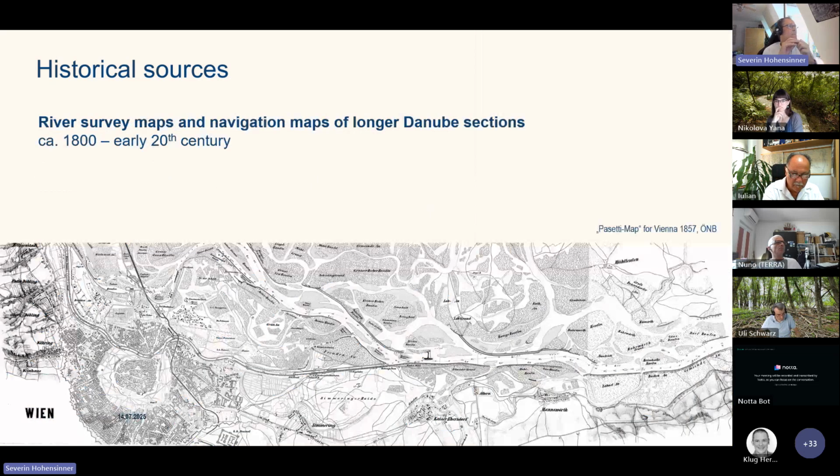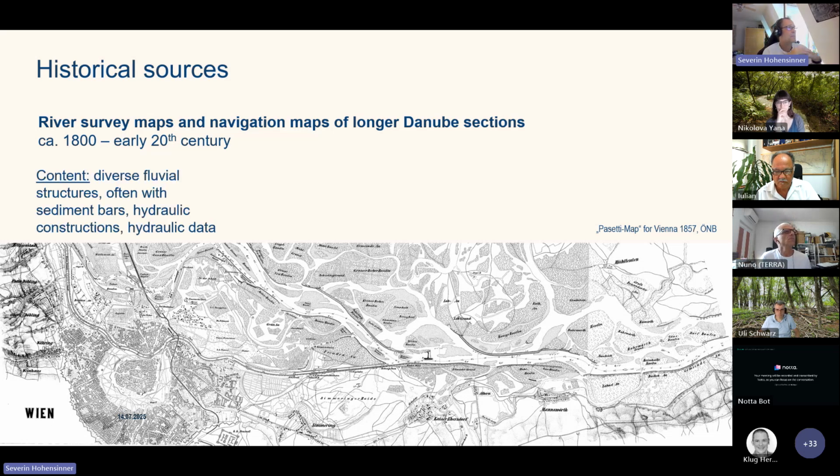Yeah, and then comes the time of the more systematically surveyed river maps and navigation maps of longer Danube sections, starting around 1800 to the early 20th century. Here is the well-known Bassetti map, made in Vienna in 1857. Of course, they are focused on the river.